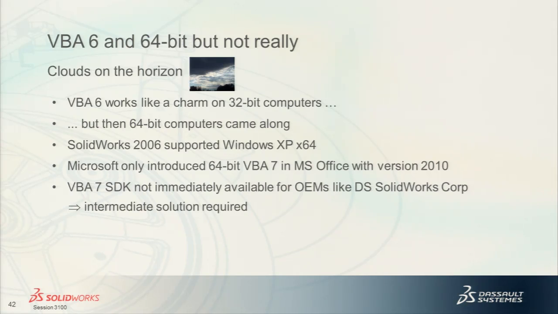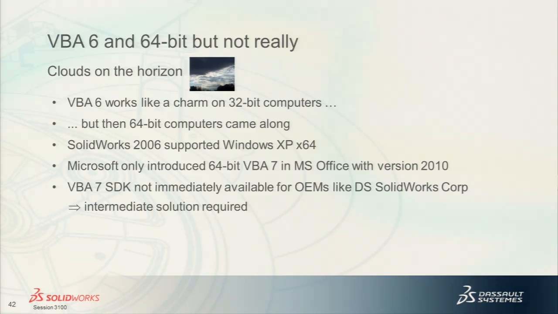As I said, we made a step back in time. We all imagined there were just 32-bit computers and Visual Basic 6 worked like a charm. But then the problem started. Of course, these 64-bit computers were invented. We jumped on that. We support 64-bit going back as far as SolidWorks 2006 on Windows XP.